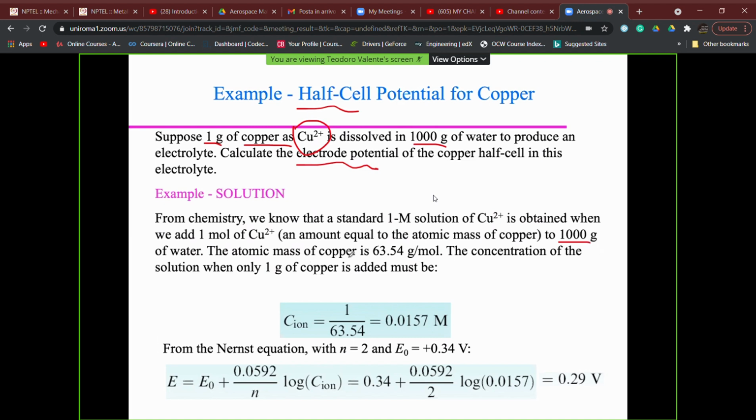The atomic mass of copper, as it is reported in the periodic table, is 63.54 gram per mole.